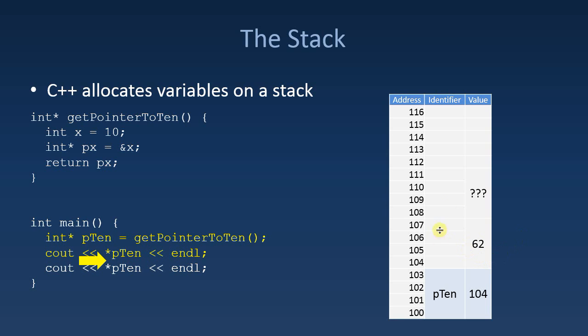So we just start reusing that space. And cout happens to put the value 62 in there for who knows what reason, but it does something. And it probably messes up a lot of other memory. So the second time we go to print, the address that we have no longer points to that 10, it points to this piece of memory that cout has now used for some other purpose.